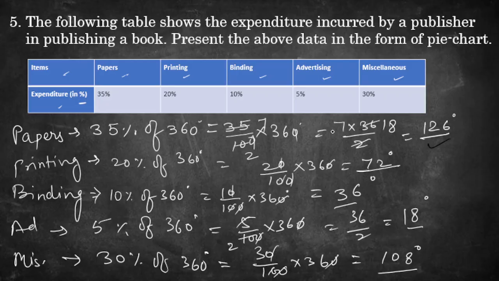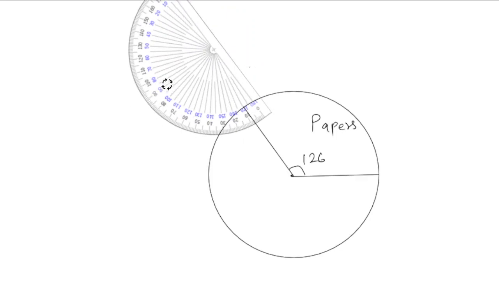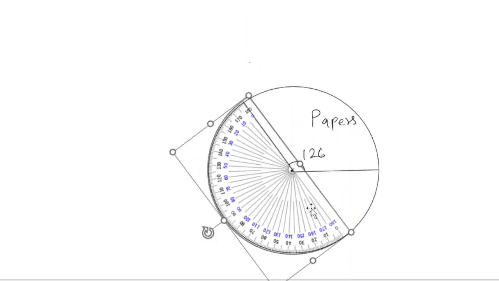Okay, after this we need to draw 72 degree, which is printing. As this line will work as baseline, now we will rotate this protractor. Now you can see this is coinciding with this last drawn line. Now the angle which we need to draw is 72 degree.